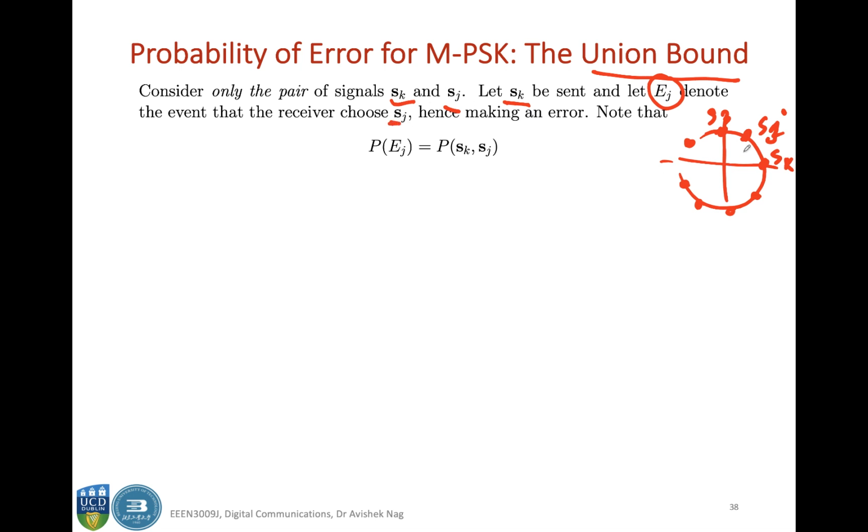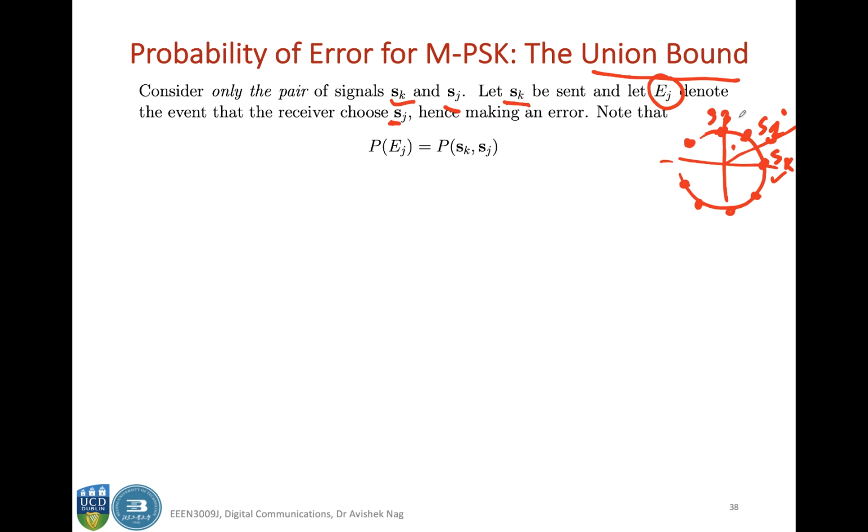That means if this is your decision boundary between Sk and Sj, you have transmitted Sk and your received signal falls in this area because of noise. So you are choosing Sj since your received signal is falling in this region.